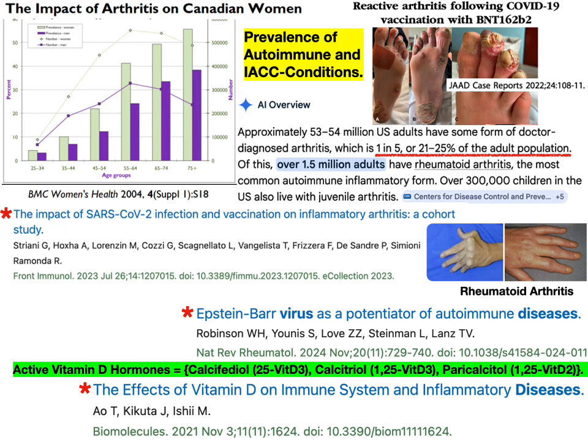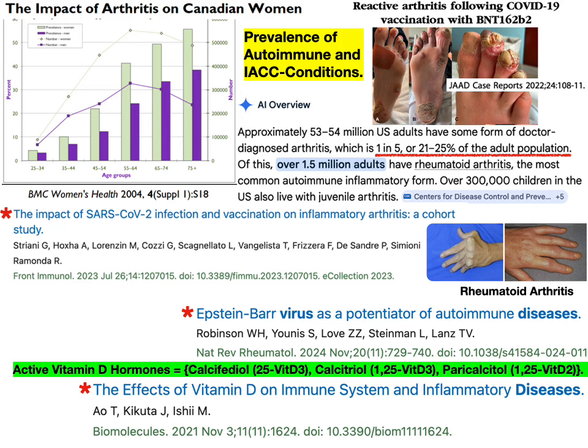This is a statement from an AI overview of the prevalence of arthritis in American adults. Approximately 53 to 57 million U.S. adults have some form of doctor-diagnosed arthritis, which is 1 in 5, or 21 to 25% of the adult population.